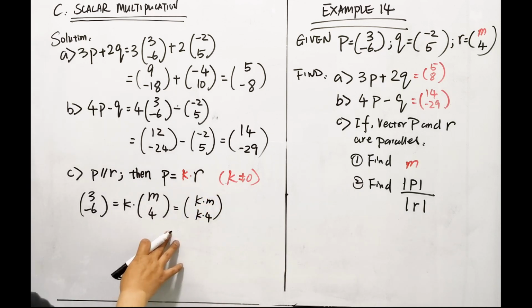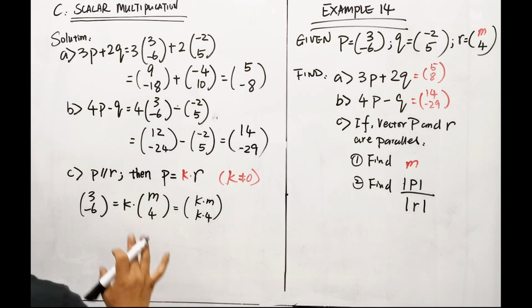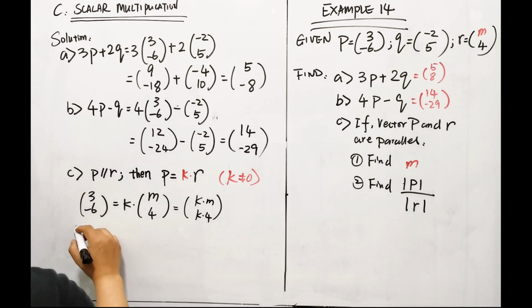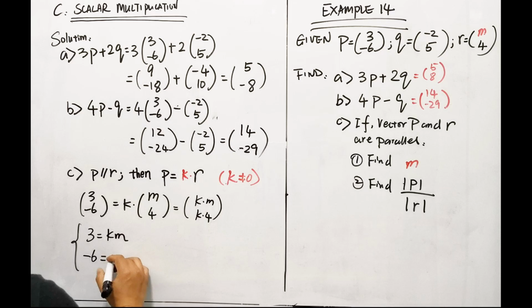Since these two column vectors are equal to each other, their x component and y component must also be equal. So 3 equals K times M, and minus 6 equals K times 4.